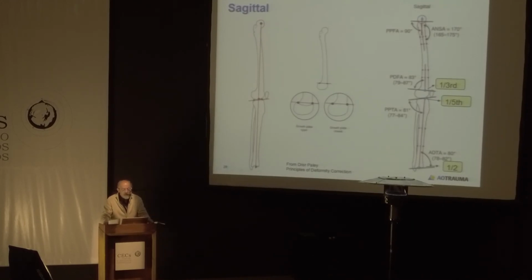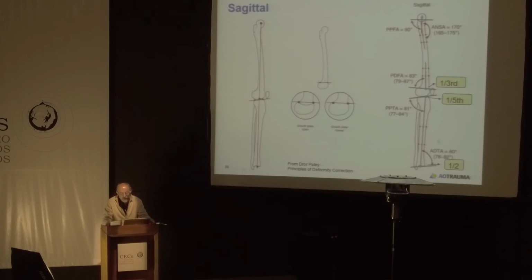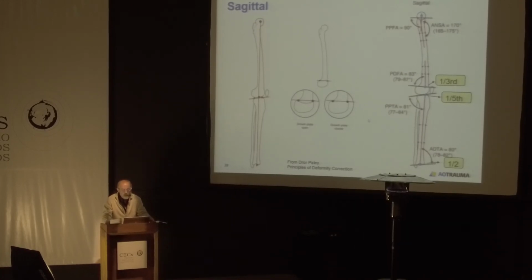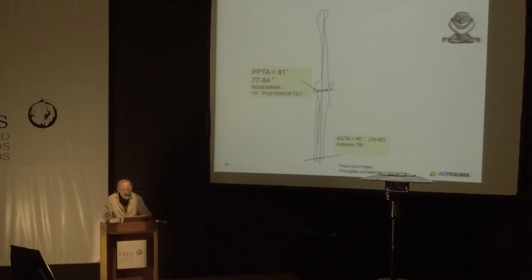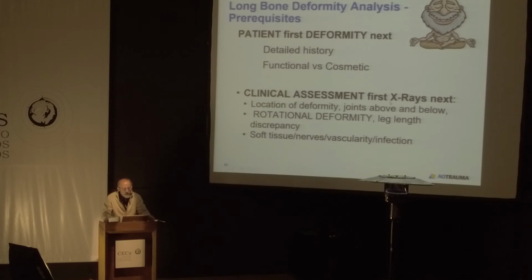But don't forget the sagittal plane. You know, in the sagittal plane we have also some landmarks, and also here, this in green, these three angles are the most important angles that you have to know. Here again, a little bit bigger, you see this and this angle. I will not go into detail, this is all in textbooks. So, coming back to the patient.